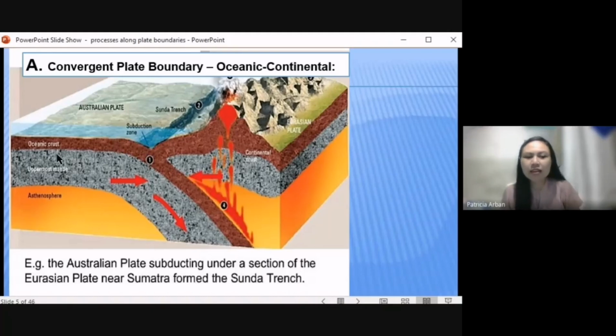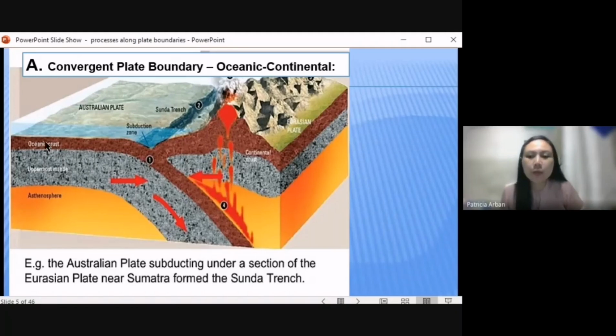Why is it that the oceanic crust subducts and not the continental crust? So again, based on our last week's discussion, it is because the oceanic crust is denser. When we say denser, it has something to do with the composition of the rocks of the oceanic crust.